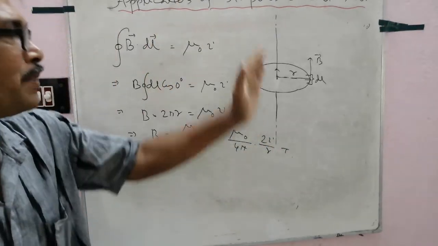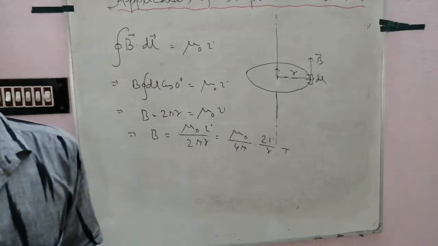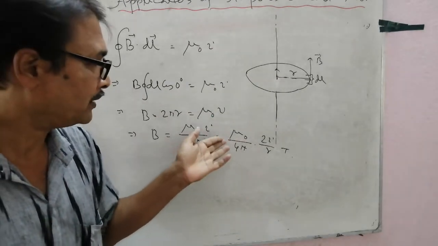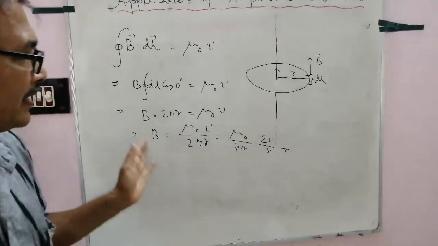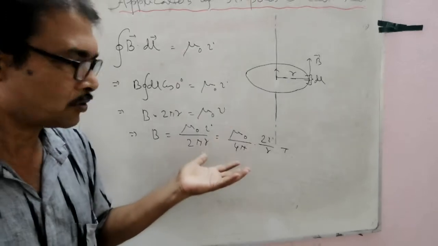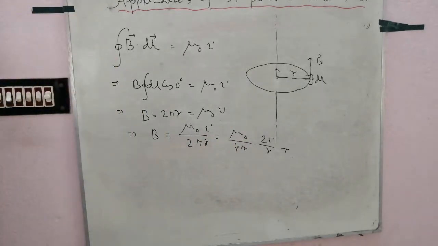But by applying Ampere's circuital law, it is easily found. We can easily prove that B is mu 0 by 4 pi into 2I by r tesla. So this is a broad question, a 2 marks or 3 marks question. Okay, this is the first application of Ampere's circuital law.